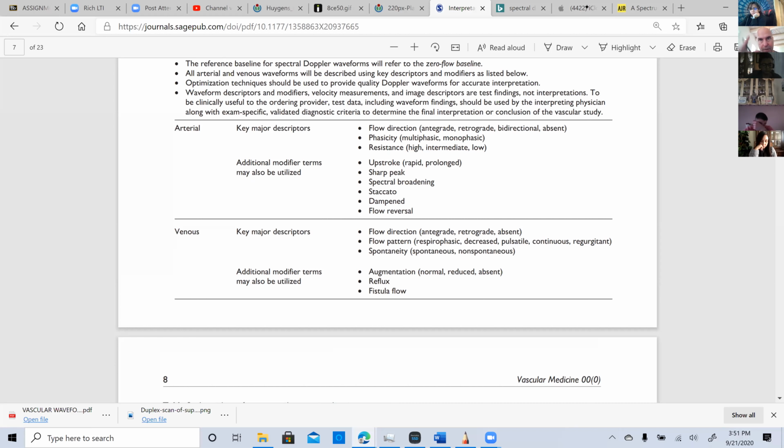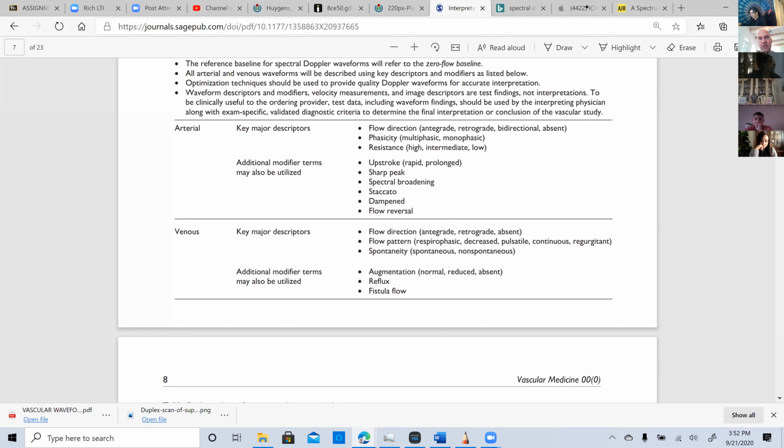Bidirectional, going above and then below the baseline, and absent, of course. Phasicity, multiphasic, monophasic. Resistance, high, intermediate, low. The upstroke, rapid or prolonged. Rapid normally is good, prolonged, tardus parvus.